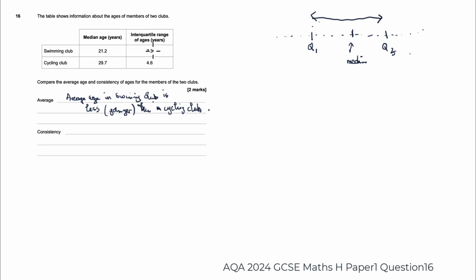And in this case, the swimming club ages are a lot more spread out than the cycling club ages. There's maybe a whole bunch of children and older people that go to the swimming club. Compared to cycling club, they're more consistent in their ages. Young, active people, maybe not so young and certainly not so old.